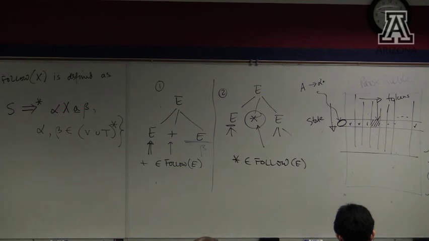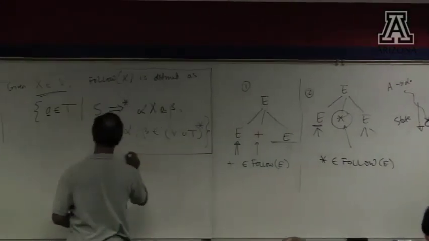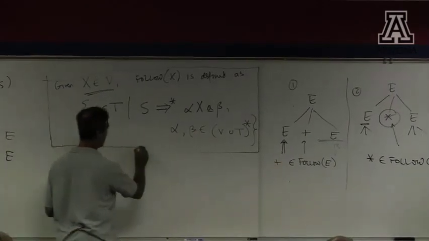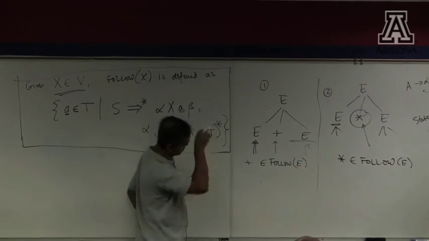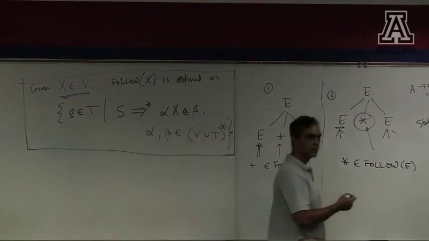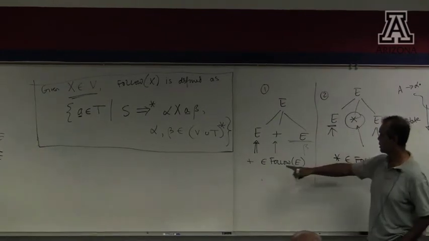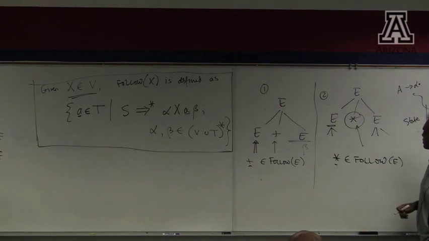This is the definition. And what this example shows you is that you can look at the productions, you can look at the derivations, and you can have more than one thing in the follow of a grammar symbol, of a non-terminal.